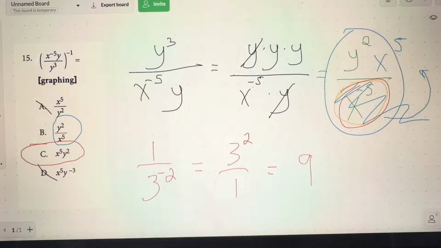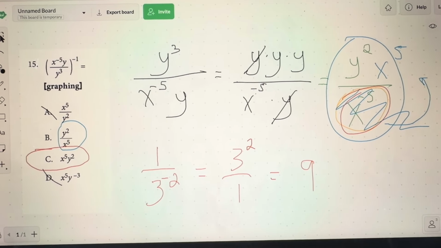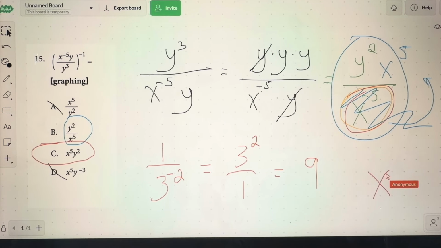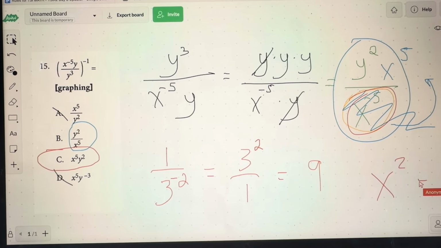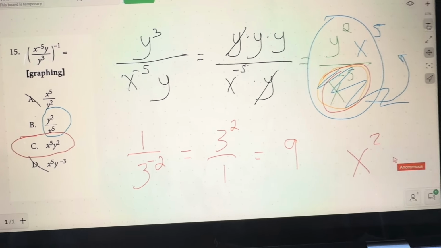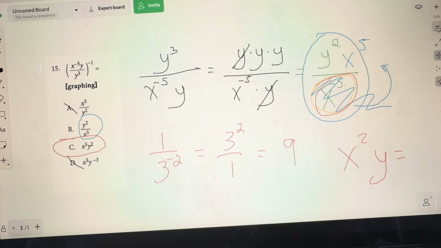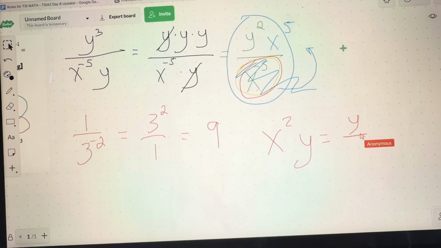Any questions about that? Okay. Anytime you want to, you can take any term. It could be like x squared times y, and if you want to put that x squared in the denominator, you could flip the sign and do it. It's the same as y over x to the power of negative 2.